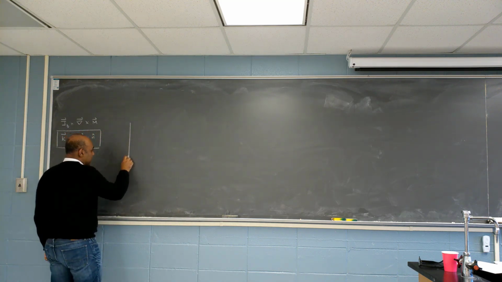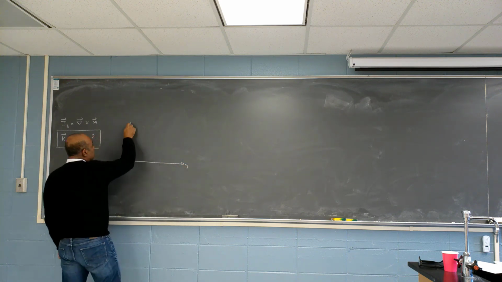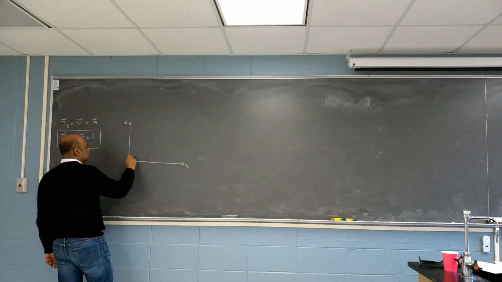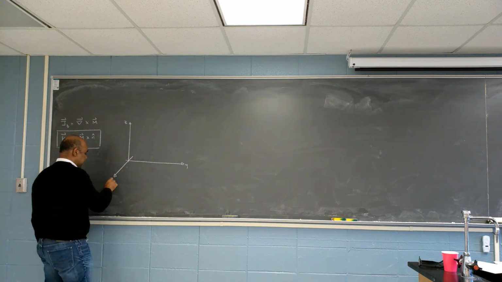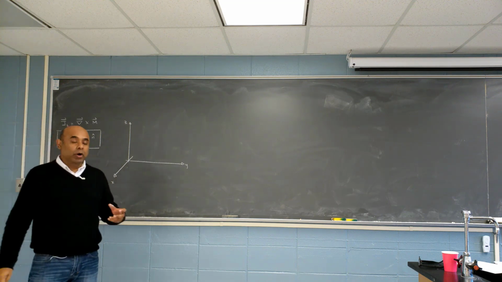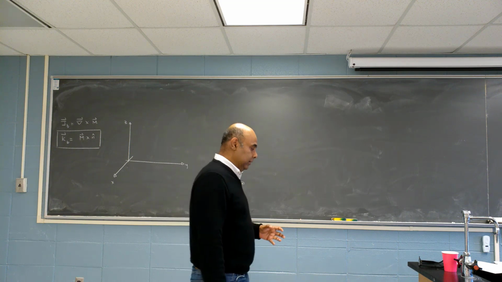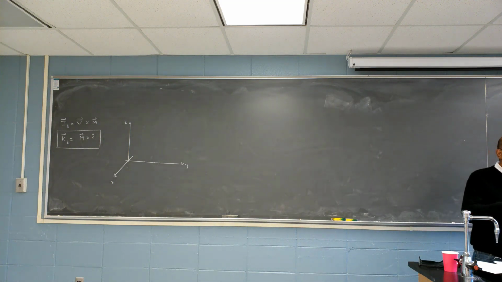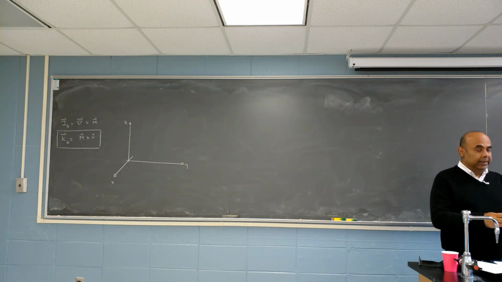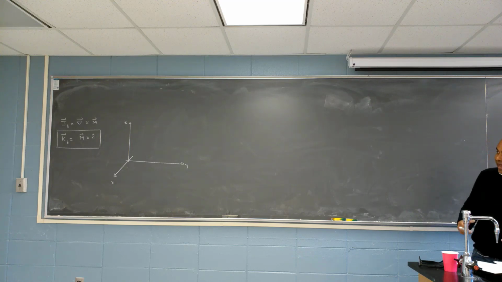So, this is my y-axis, z-axis, and this is x-axis. Obviously, I'm going to look at a chunk of material. And in the chunk of the material, I'm going to pick two small M loops. And what I don't want is for the magnitude of M to be the same.